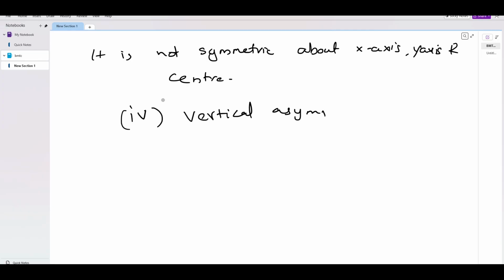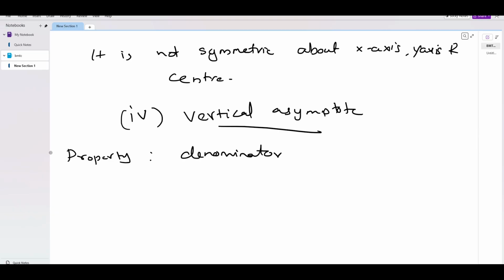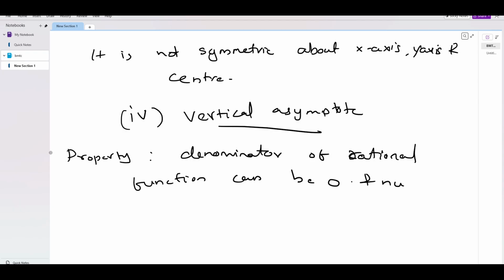Vertical asymptote property is that the denominator of a rational function can be 0 and the numerator cannot be 0 for a vertical asymptote.